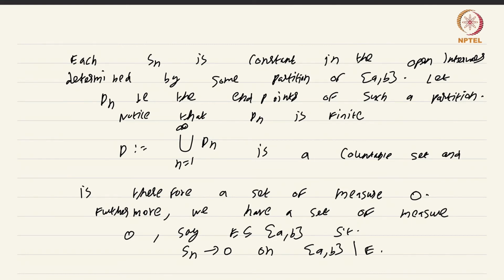Okay. What we are going to do is define our bad set F to be D union E. So this F is the bad set.